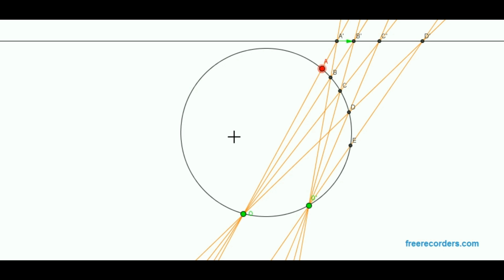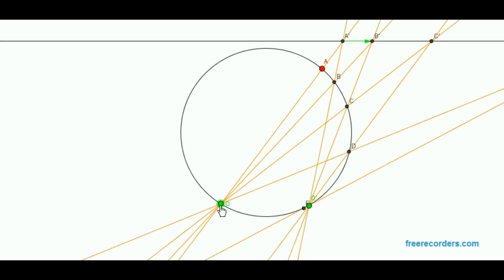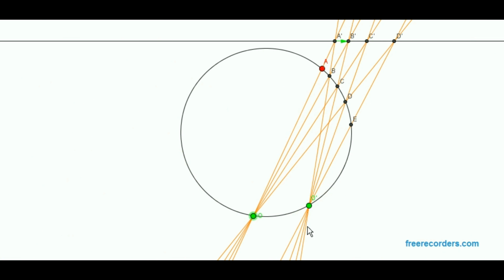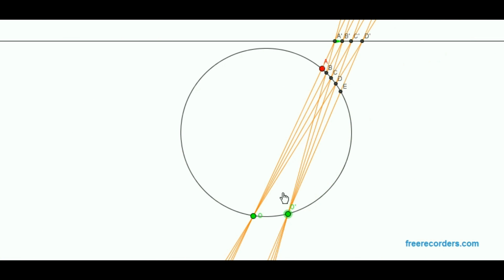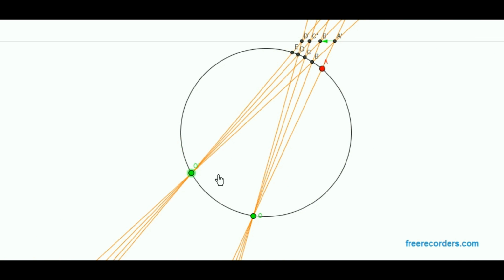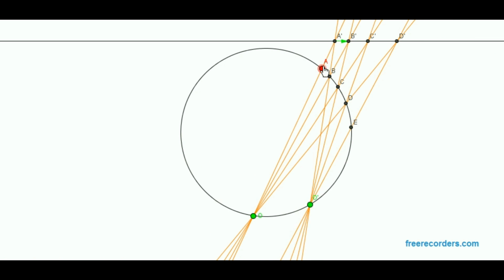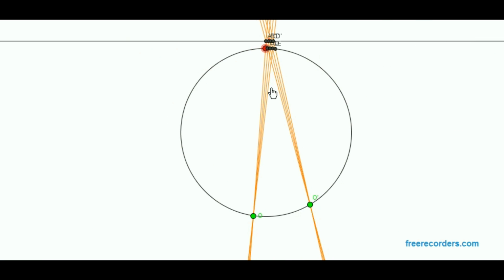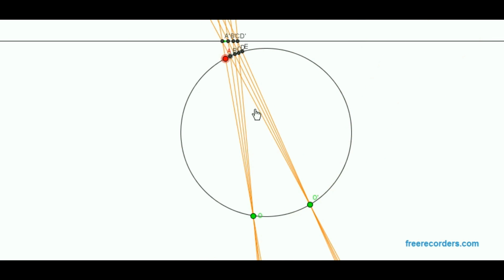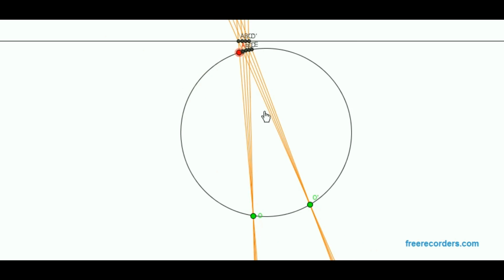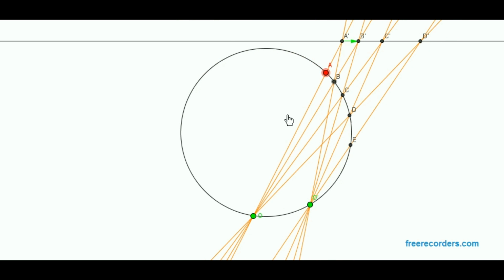So, for a given position of a circle and a line, we can position these points O and O' differently, and they're going to induce different dynamics. And when I say dynamics, I mean all the different ways all of the points on this line can move to this line, which depends on where you start from. So that's one type of dynamics.